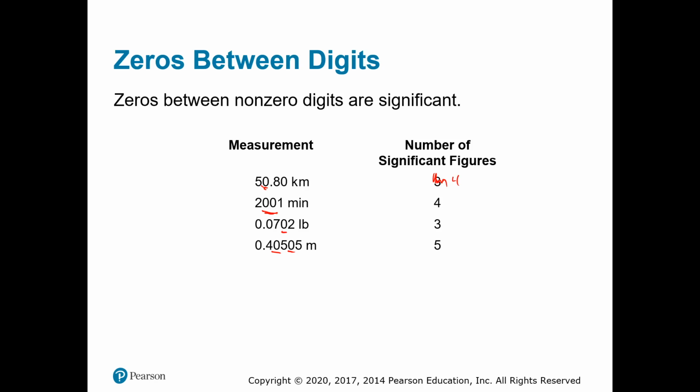But the point in this question is, do those zeros count? The ones that I've underlined, yes, they're between two non-zeros, therefore they have to count. Things at the start, no, that doesn't count. That doesn't count. That doesn't count. Things at the end, if there's a decimal, it does count. That's why I had to correct that. But it doesn't matter if they're split, like the bottom one here. It could be a 0, then a non-zero, then a 0, then another non-zero. They still count. So all these 1, 2, 3, 4, 5 digits, they all count.